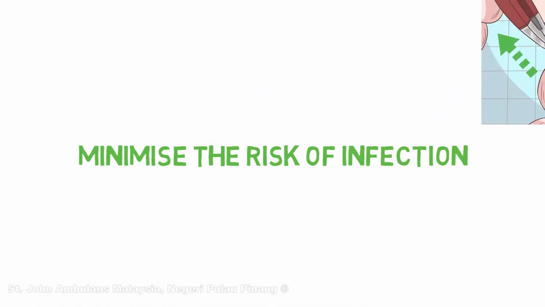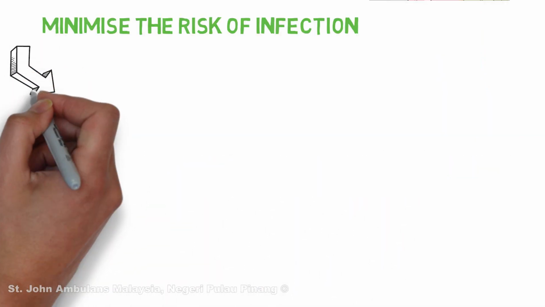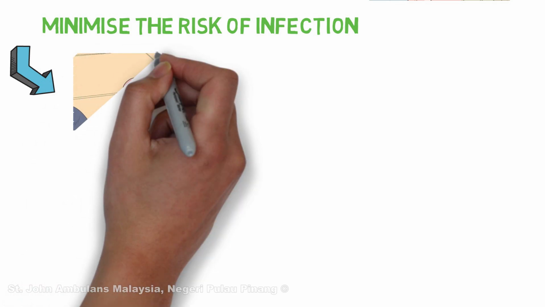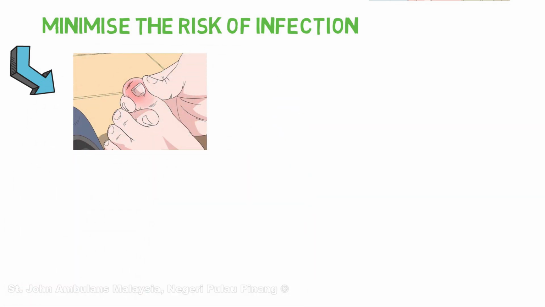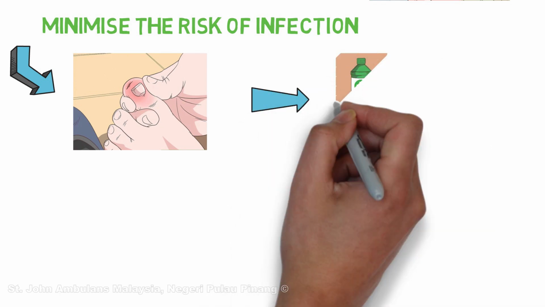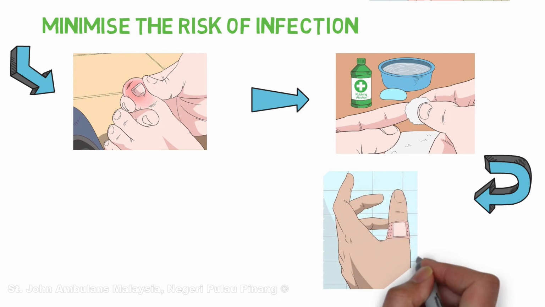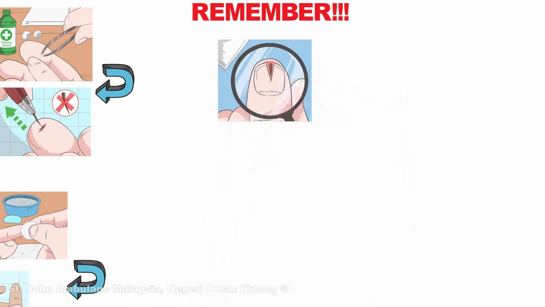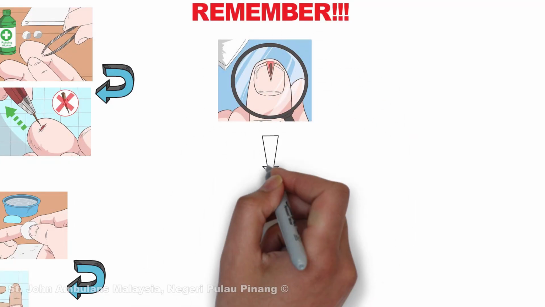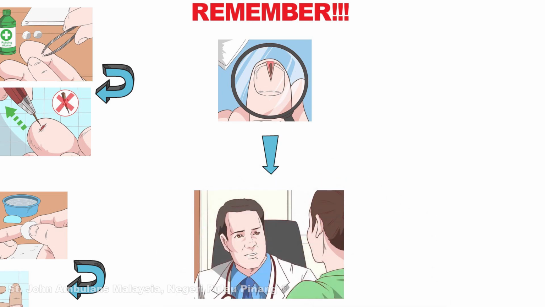To minimize the risk of infections, carefully squeeze the wound to encourage a little bleeding, because this will help to flush out any remaining dirt. Clean and dry the wound again with soap and warm water, and then cover it with a dressing to prevent infections. Remember, if a splinter is embedded or difficult to pull out, immediately seek for medical help.